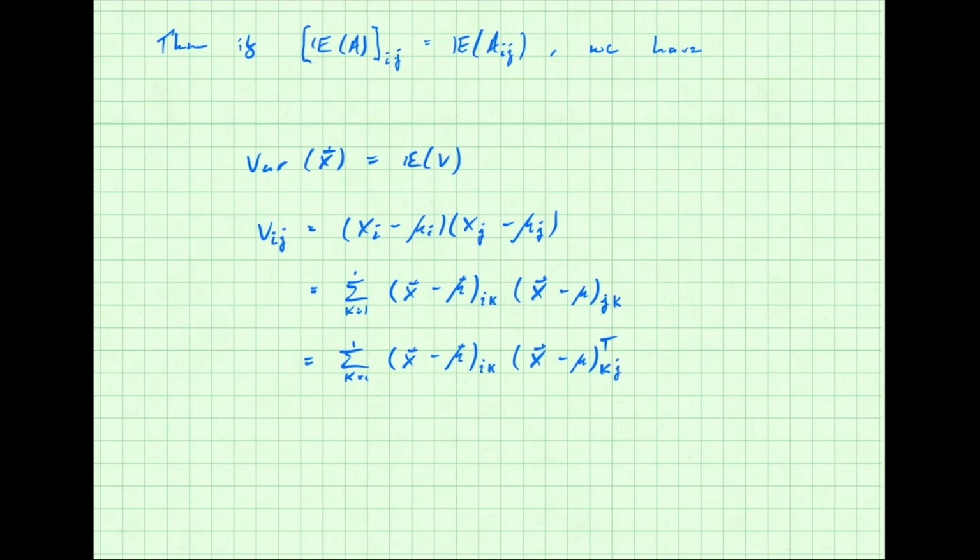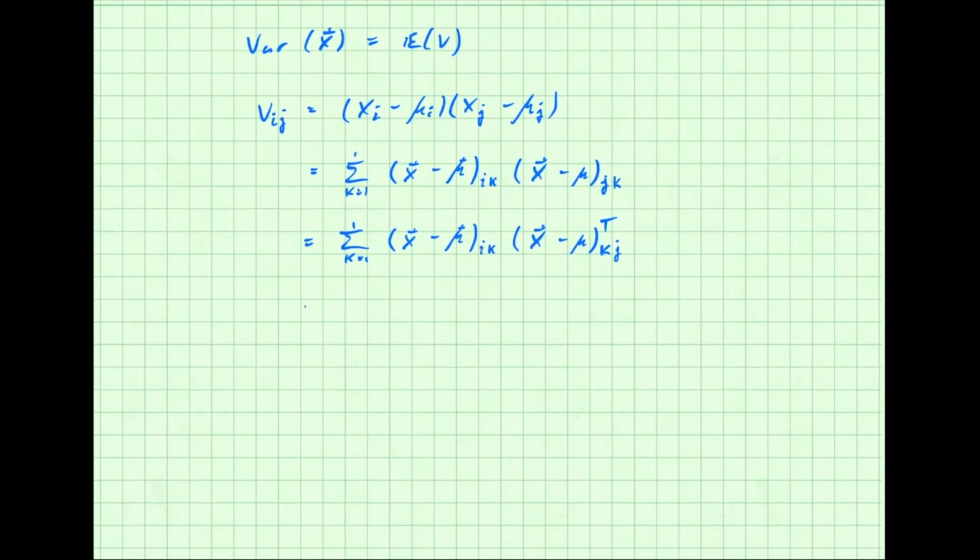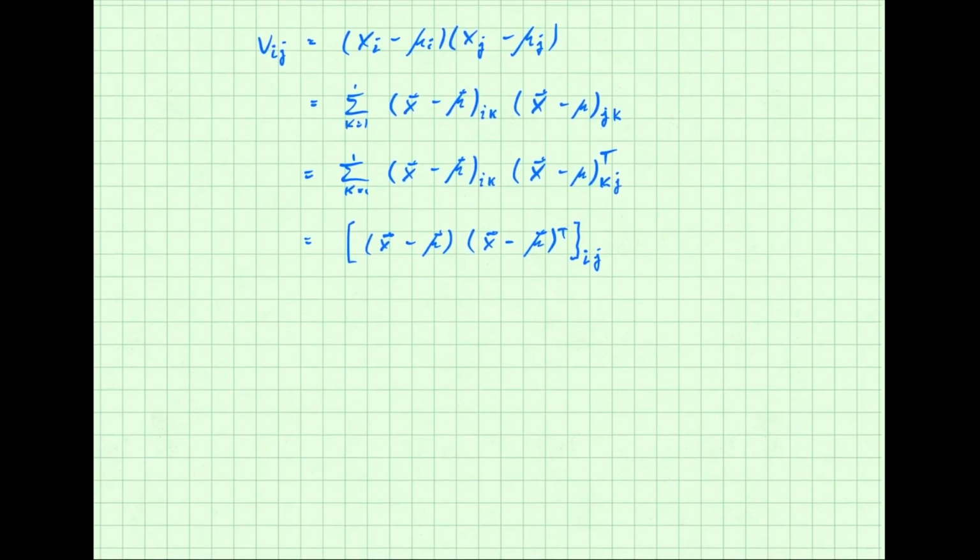Now if that's true, then this is actually a matrix product, from the definition of matrix multiplication. This is row i, column j of that product. Having a sum go from 1 to 1 is a little bit silly there, but I just want to make it look a lot like matrix multiplication so you can see how that came about.